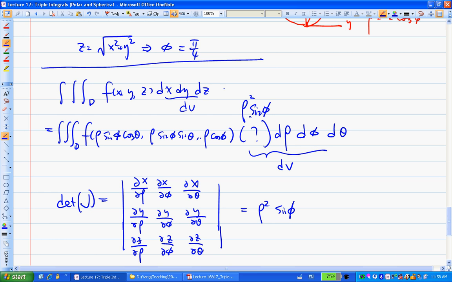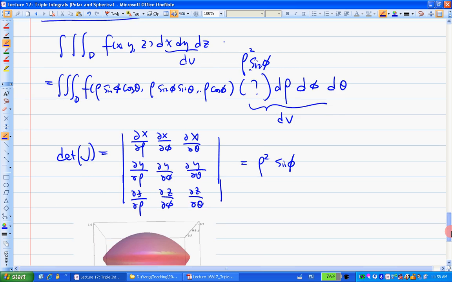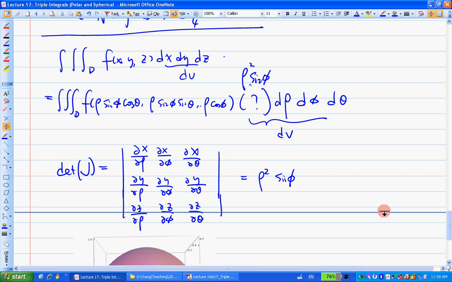So either way, calculating a triple integral in spherical coordinates requires this term rho square sine phi beside d rho d phi d theta. Any questions?